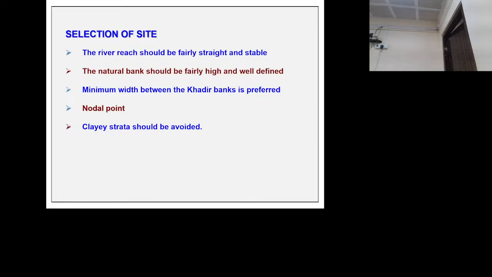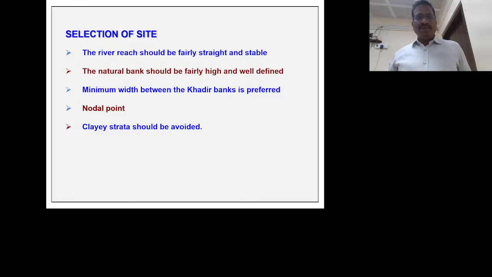Again, they approached us and we made a site visit and told them that if you remove these sheet piles, the river will come back to this place because that is a nodal point. Always the river will automatically come to that point. So you should know the nodal point for the intake structure so that they can extract water in lean period also. Clay strata should be avoided.